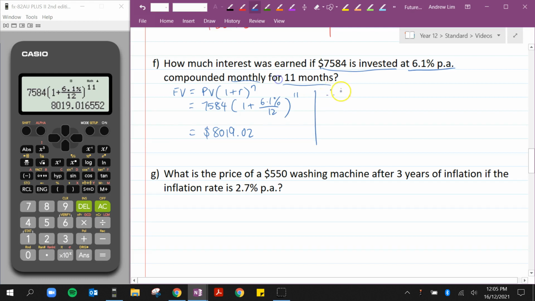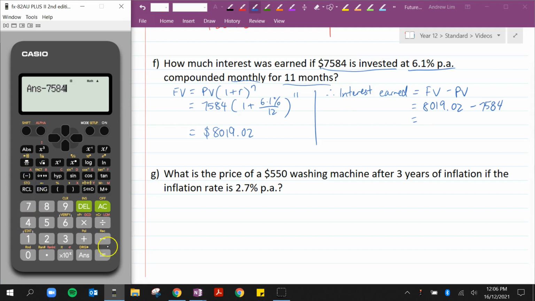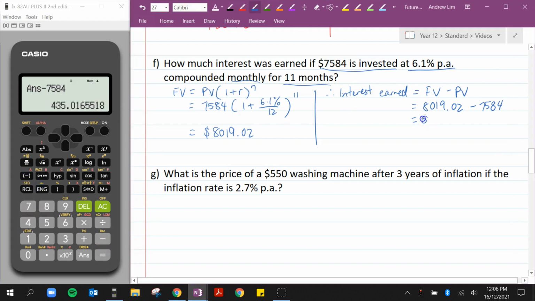So therefore, interest earned, which is future value minus present value, is 8019.02 minus 7584, which is $435.02.